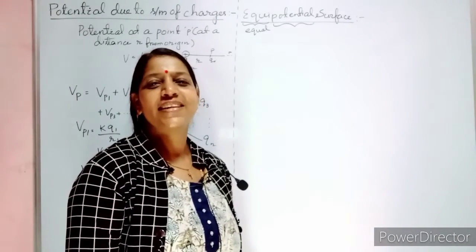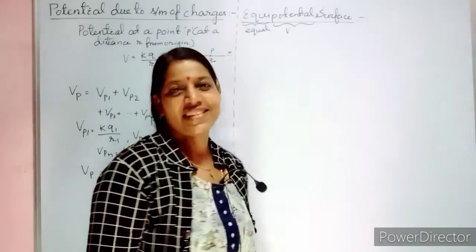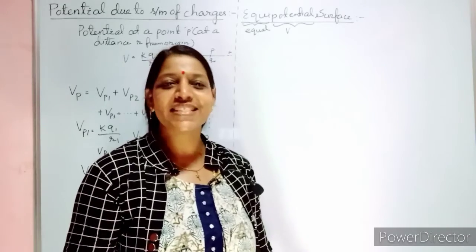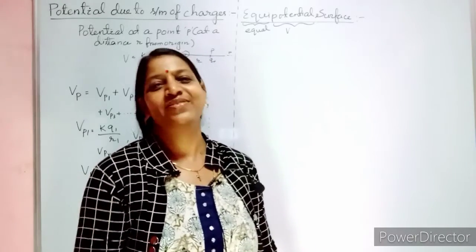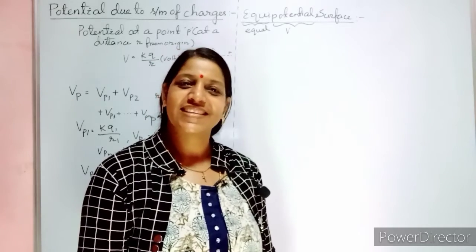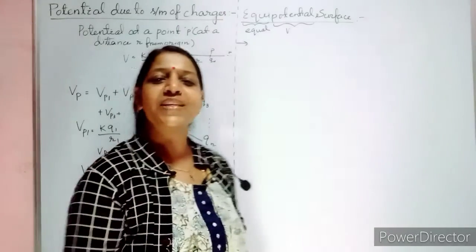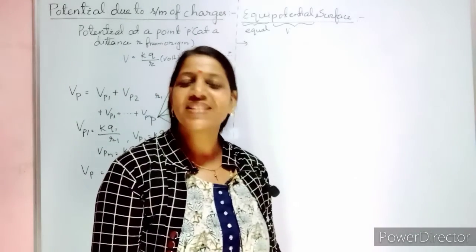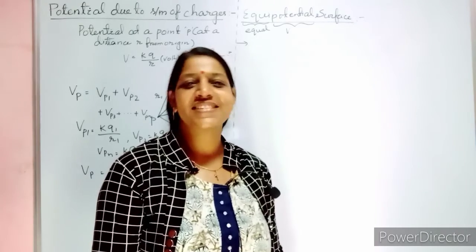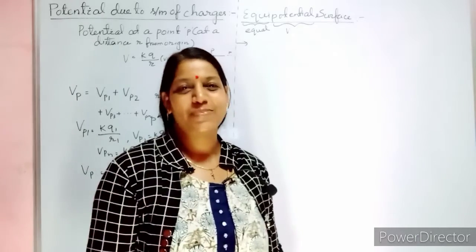Electric potential, that is V. So equipotential surface means the surface in which the potential remains constant throughout the body. That is called an equipotential surface. So what is the definition of an equipotential surface? A surface in which the potential remains constant or the same throughout the surface or throughout the body.